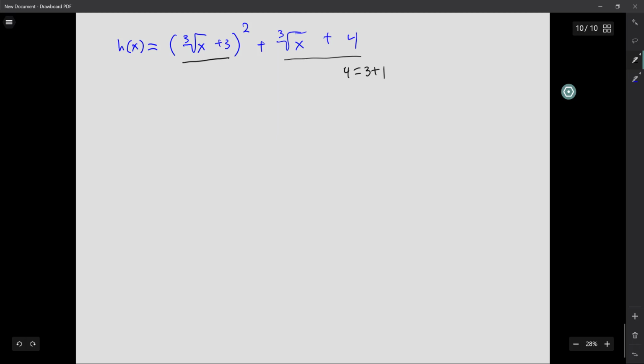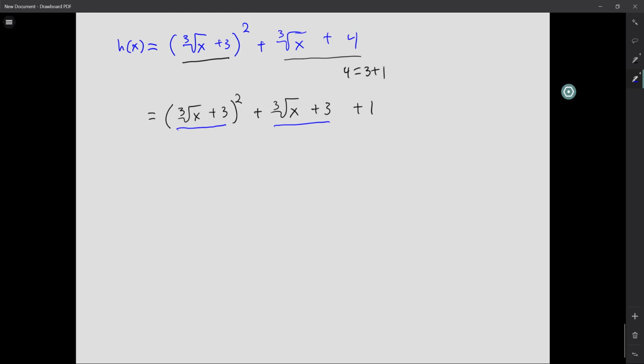So let me rewrite my function. I've got cube root of x plus 3, squared, plus cube root of x. Instead of 4, I'm going to write plus 3 plus 1. Now what I'm looking at is repeated instances of the same form or function. This is going to be one of my component functions.